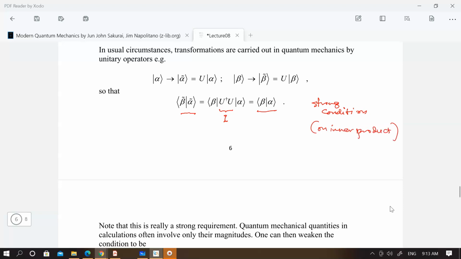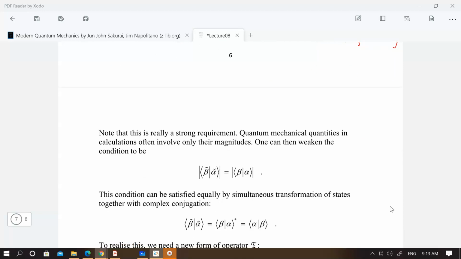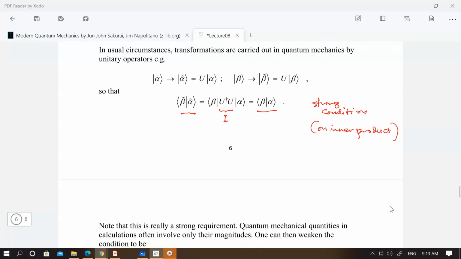What you need is actually a weaker condition, because in quantum mechanics, most of the time the thing that you need is essentially the magnitude, because the inner product itself gives you some values inside C. So in terms of relationship with physical quantities, this doesn't do it.